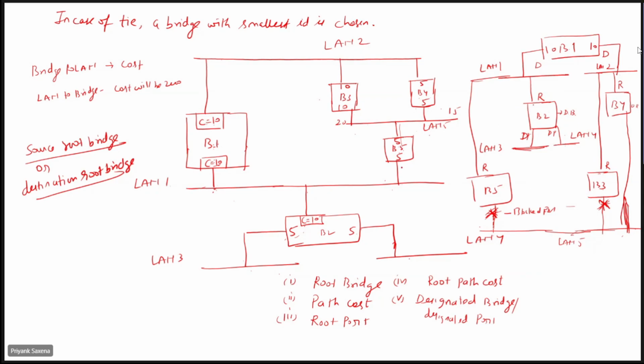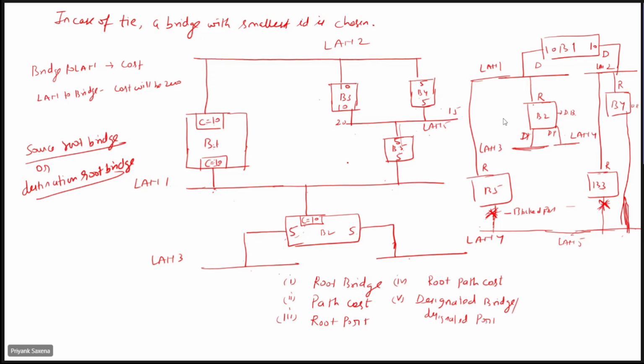See, you just see this port of bridge B5, okay, bridge B5. Good thing that you are asking this. Are you using bridge B5 to forward any frame from this LAN 1 to LAN 5? No, sir. No, because we are going to LAN 5 via LAN 2 using bridge 4, right?